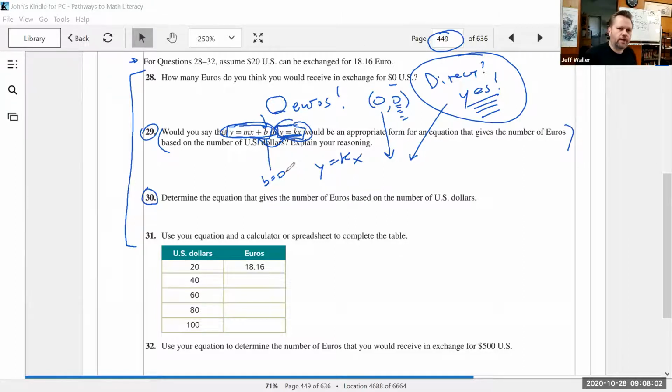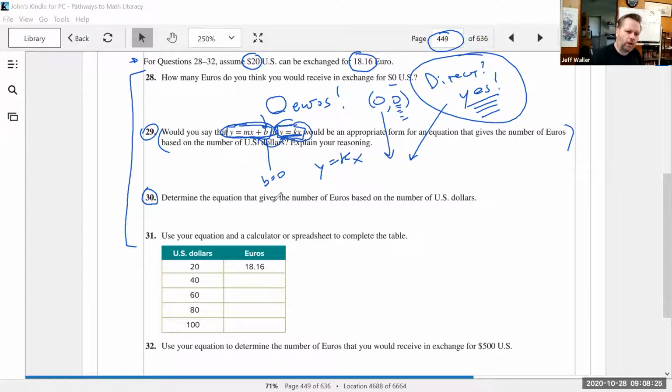Now, there were some problems in the homework where you had to do this. Notice this. Do you see how it says $20 exchanged for 18.16 euros? I don't know the direct constant multiplier. But let me ask you this. Stay with me.